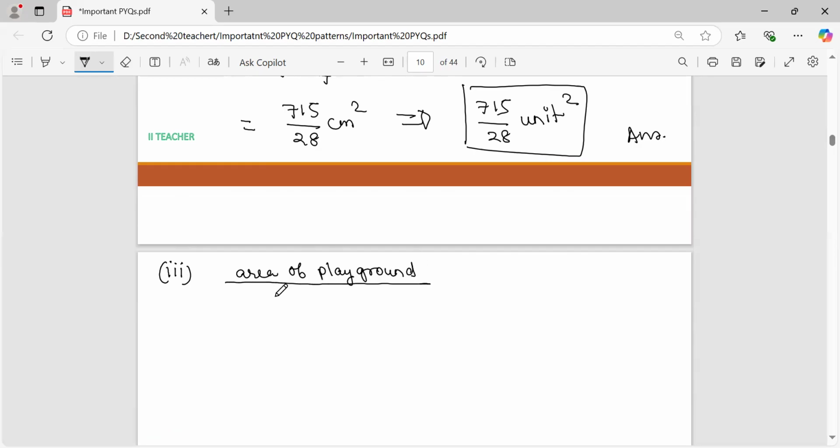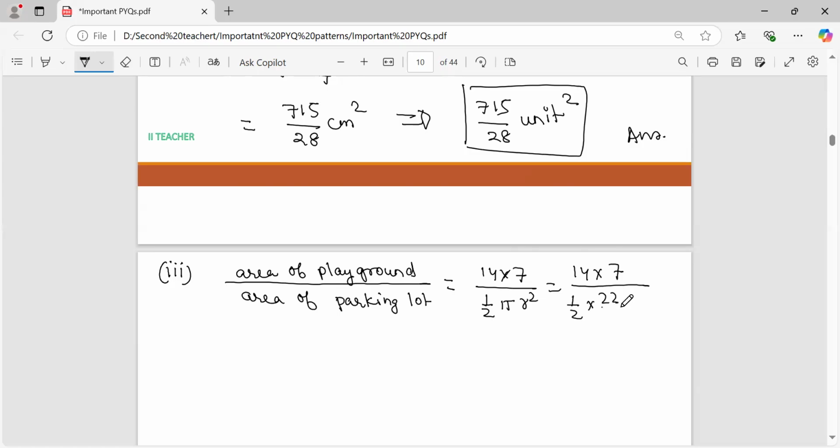Area of playground, it is a rectangular playground, that is length into breadth, that is 14 into 7, by area of the parking lot, that is the semicircle, half pi r square. R is 7 by 2. So we can do 14 into 7 divided by half into pi, which is 22 by 7, into 7 by 2 into 7 by 2.